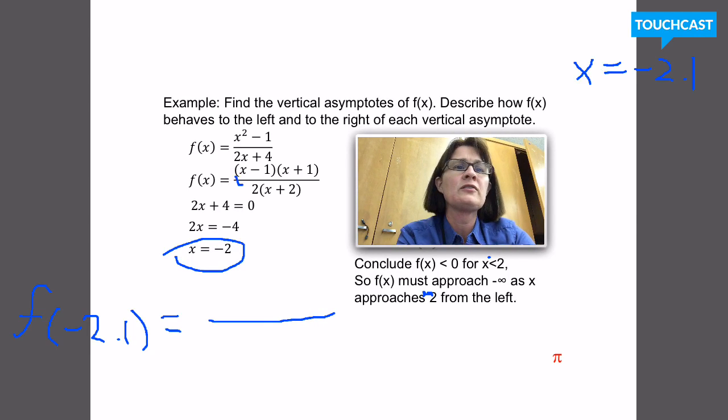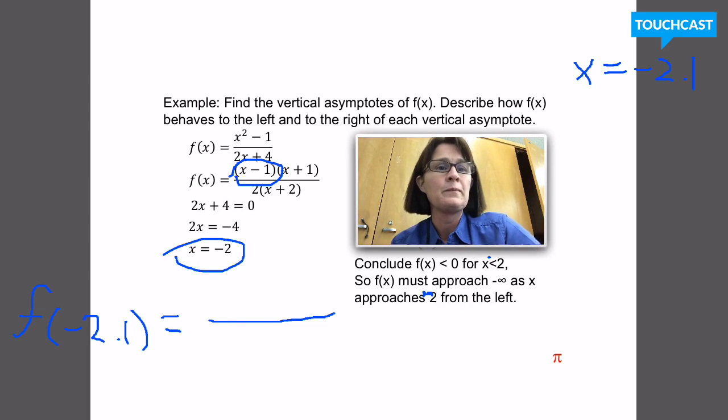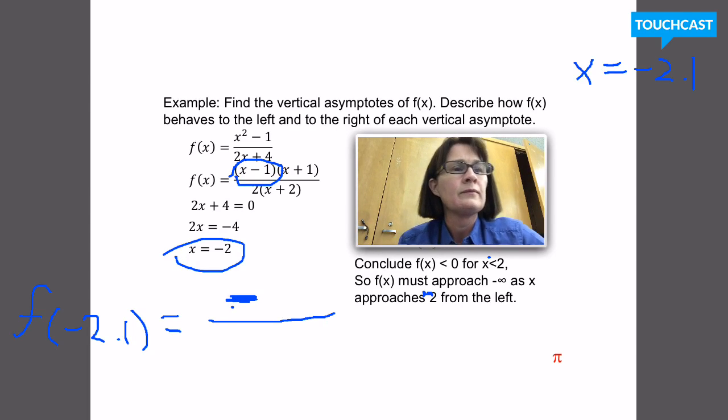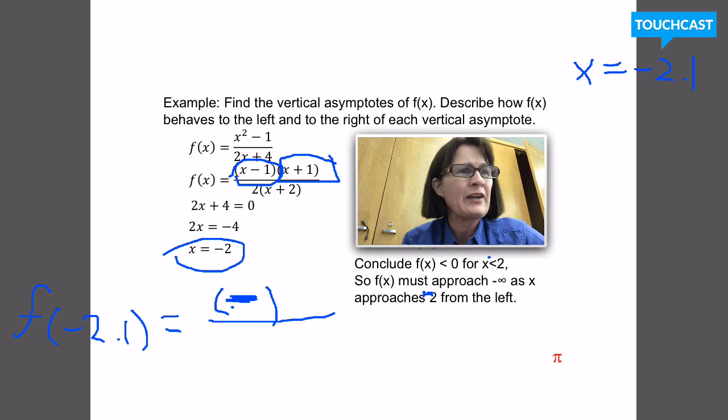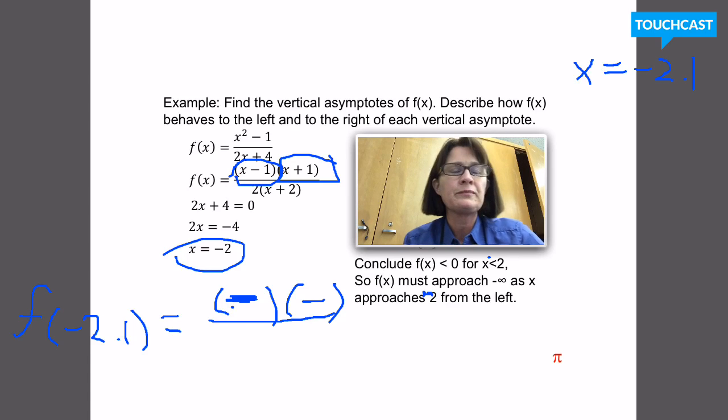So start with this factor up here. In the numerator, I'm going to have x minus 1. I'm going to replace the x with negative 2.1, so negative 2.1 minus 1. A negative result. What about negative 2.1 plus 1 to evaluate the second factor? Well, that's going to be negative 1.1, which is still negative.